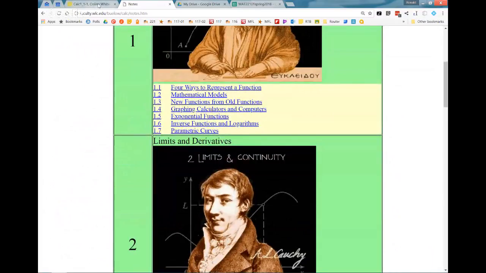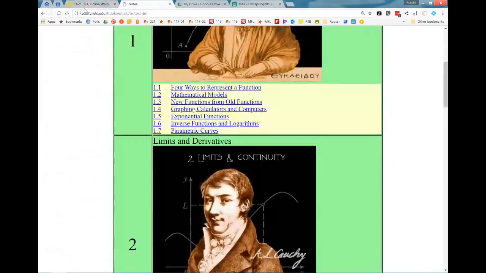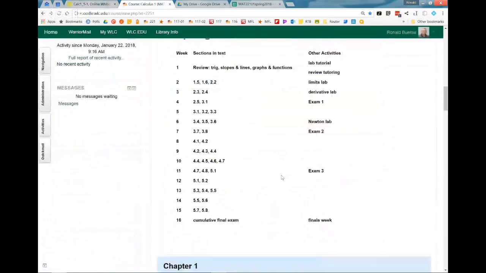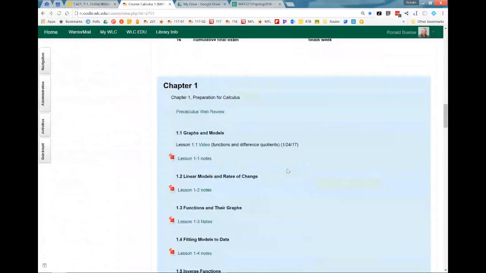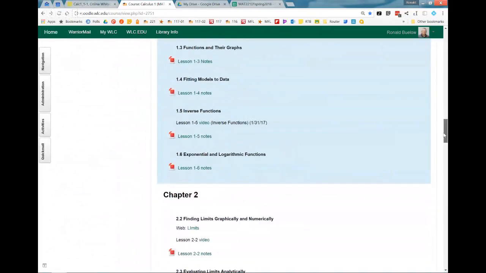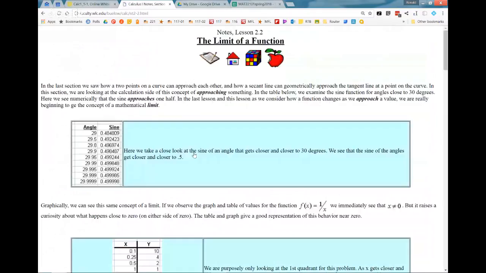But when you're on our website, for example, let's say you're on chapter 2, and we're going to be talking in lesson 2.2 about limits. When you click on limits, it'll take you to the appropriate lesson.